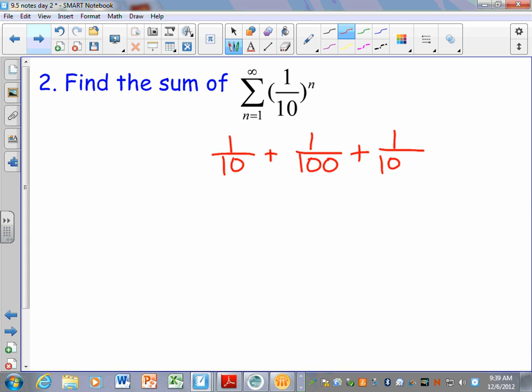Pick 10 since it's not so bad to do powers of 10. If I went the next one, 4th power, I just add another 0. This would be 1 over 10,000, and I'm just going to put plus dot, dot, dot.